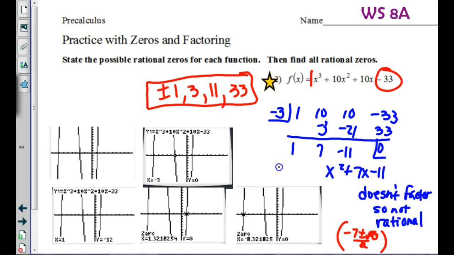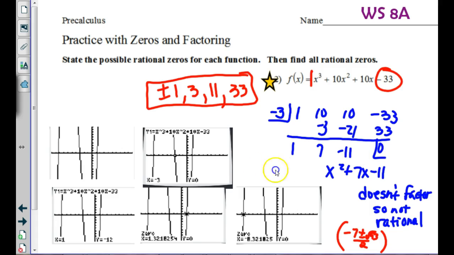Then I graphed it, and look what happened. I got negative 3 was a 0, but nothing else was nice. So I actually did the division, and it came out this, and I did quadratic formula, and it was disgusting. So the only real nice 0 on number 2 was what?